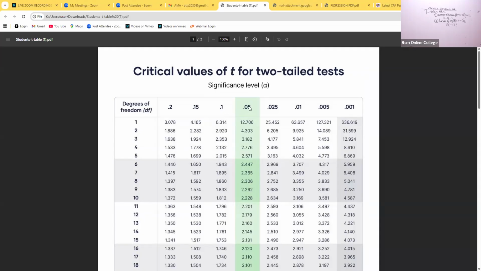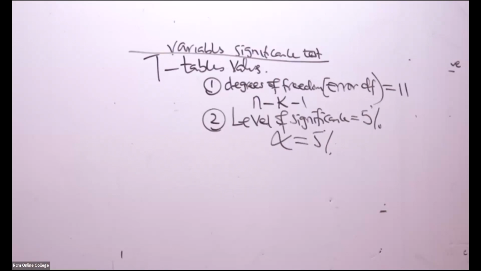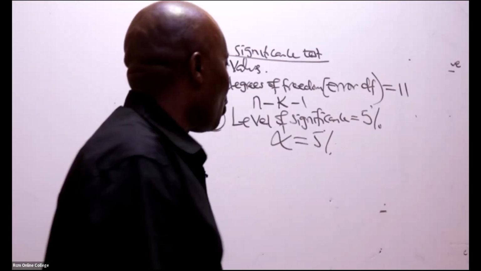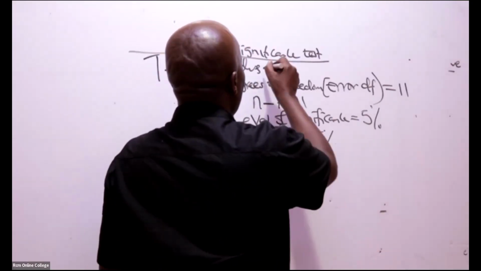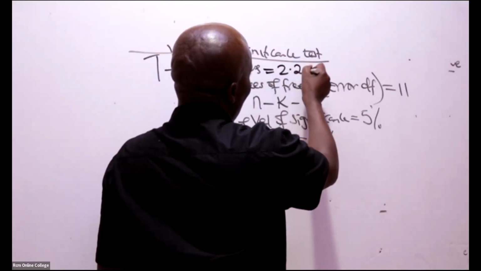They've told us the level of significance is 5% and 11 degrees of freedom, so T critical, T tables, is 2.201.